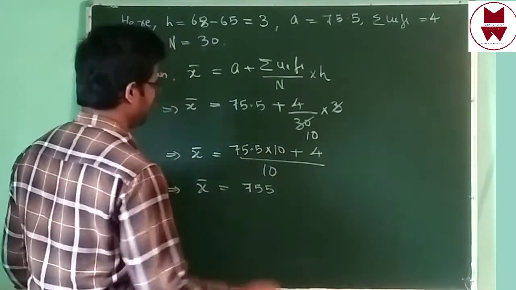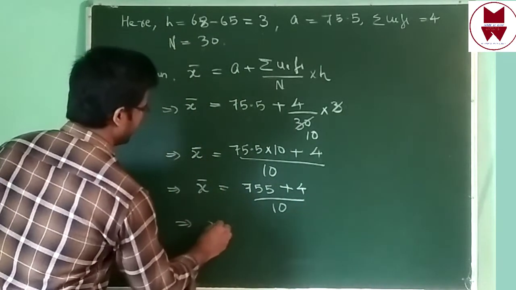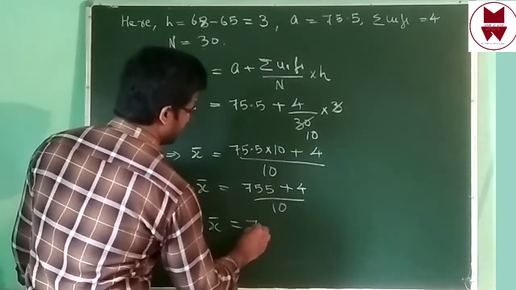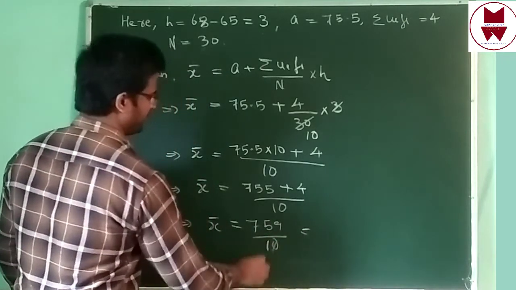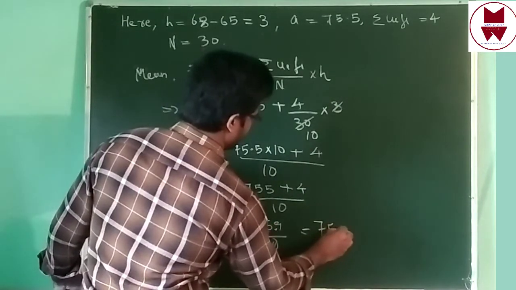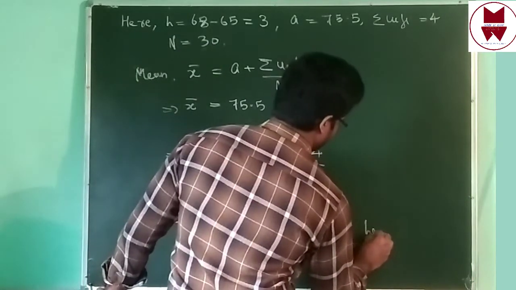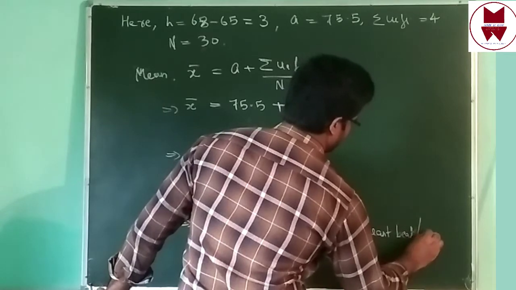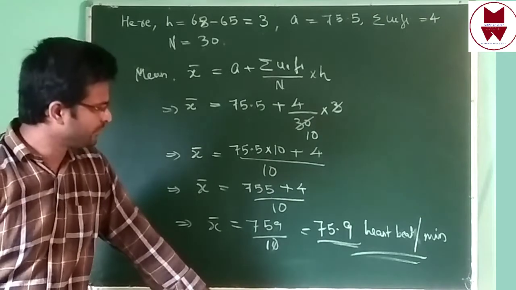That cancel, plus 4 divided by 10. x bar equal to 755 plus 4, 759 divided by 10. If you cut the 0, put the point, that is 75.9 heartbeats per minute. Our answer is 75.9.